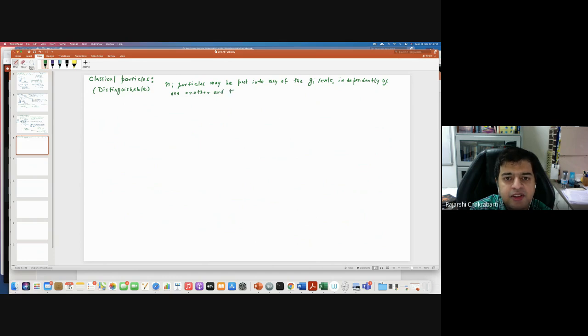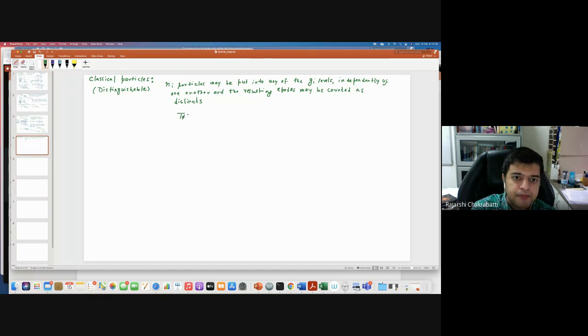And the resulting states may be counted as distinct. What I'm saying is that you have ni particles and gi levels. How many states are possible? gi to the power ni.